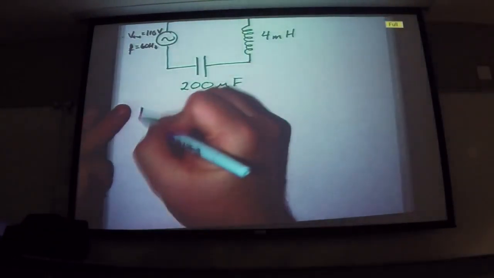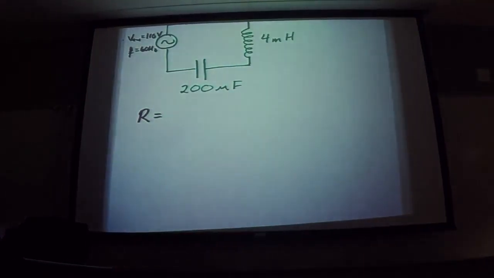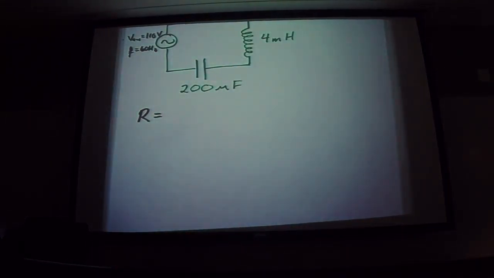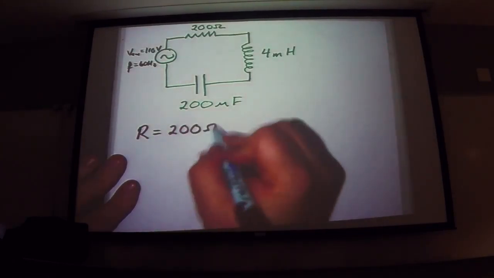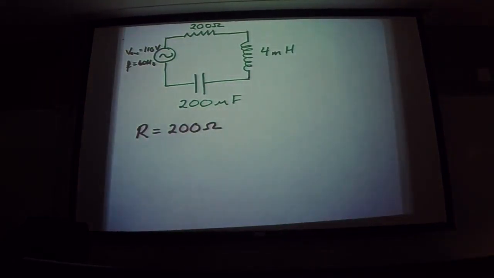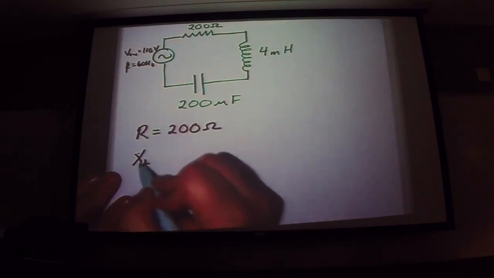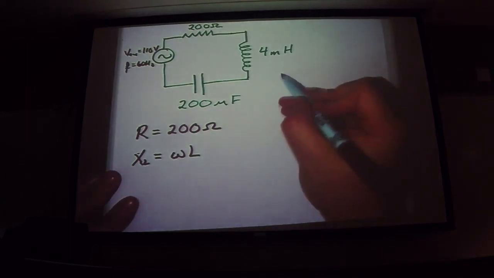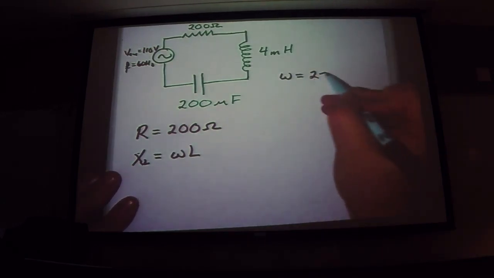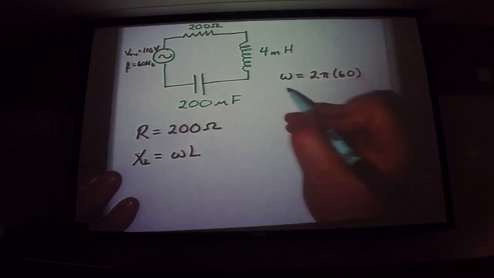All right. So, how about the resistance? Good, 200 ohms. The resistance is just 200 ohms. It is what it is. These other ones aren't. All right, so the reactance of the inductor is equal to omega times L. Now let's go ahead and calculate our omega. Omega is 2 pi times 60. So what do we get for our omega?